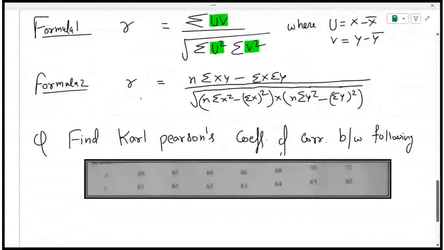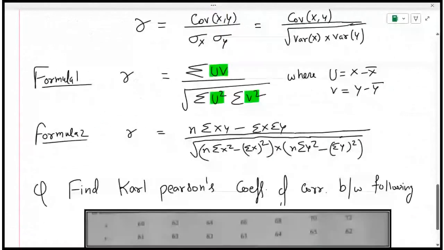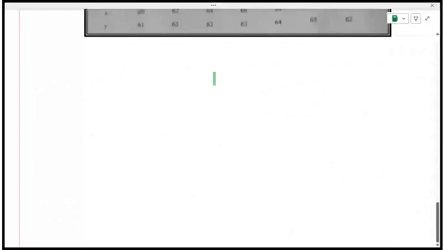Let us see. We need U and V. What is U? U is x minus mean of x. What is V? V is y minus mean of y. And then we need U into V, the product of U and V, then we need U square, then V square. So step by step we will do.